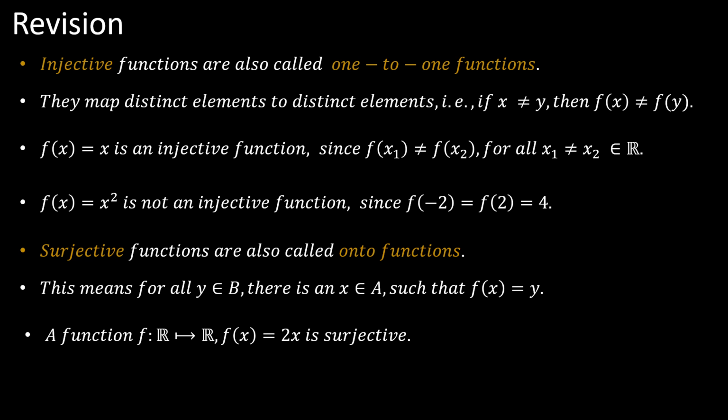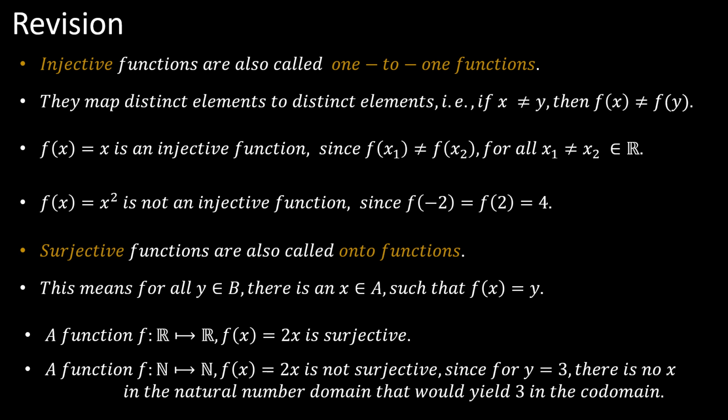So a function f that transforms a real number to a real number, f(x) equals 2x, is surjective, because you could always find a value in the x domain that gives you a value in the 2x domain.